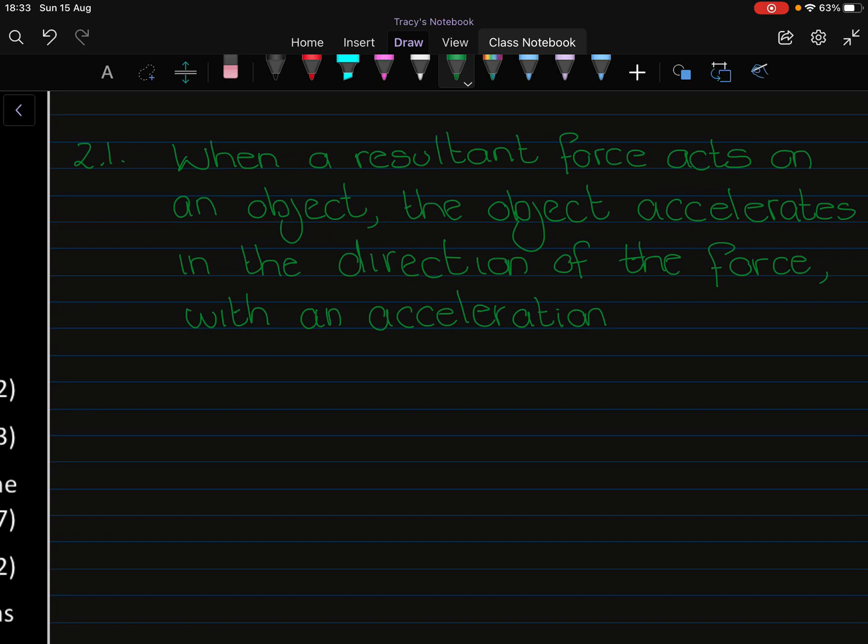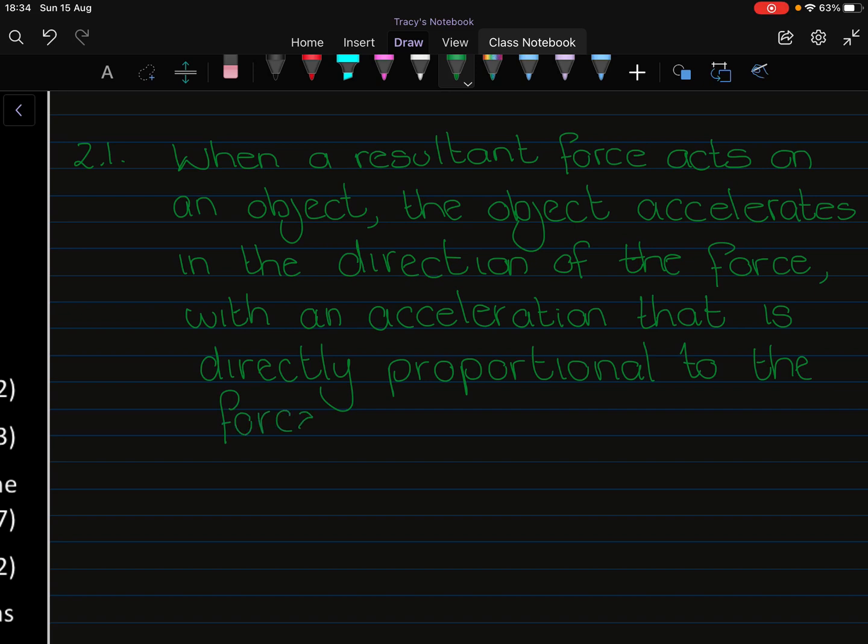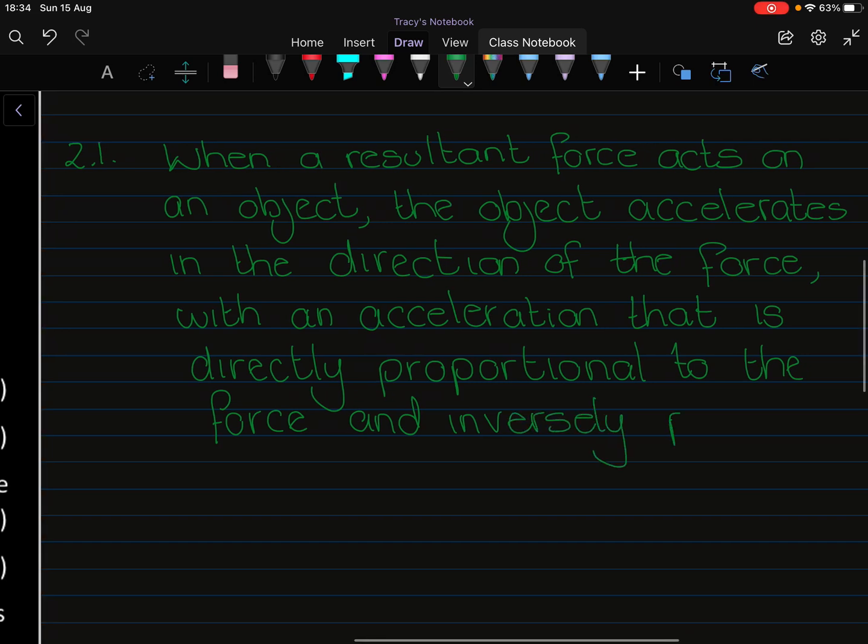So you're going to tell me with an acceleration that is directly proportional to the force and inversely, not indirectly, but inversely proportional to its mass.